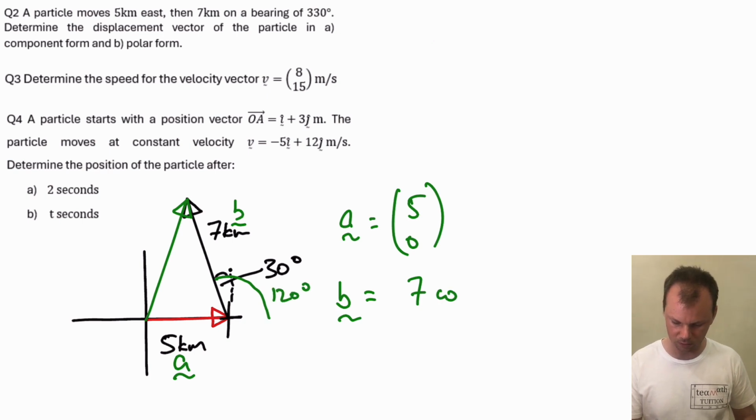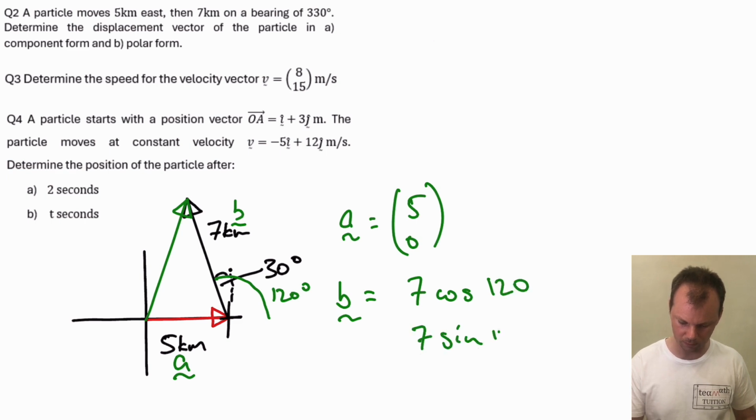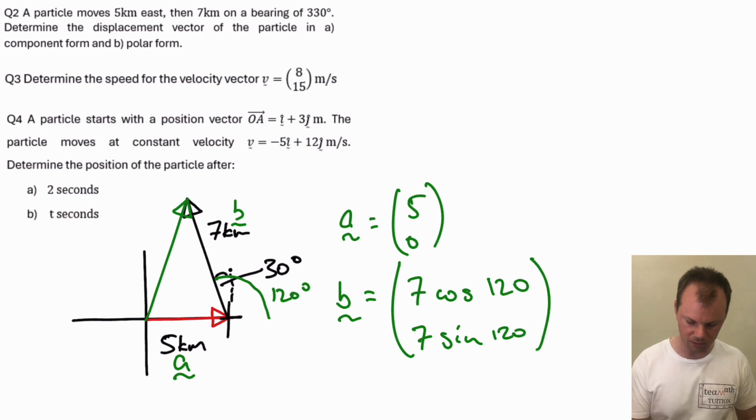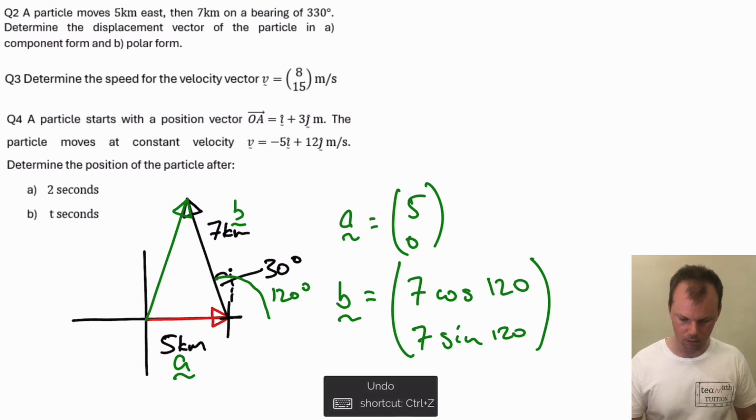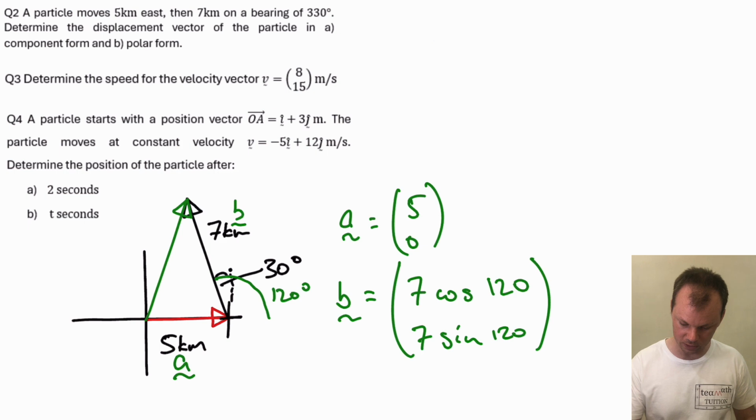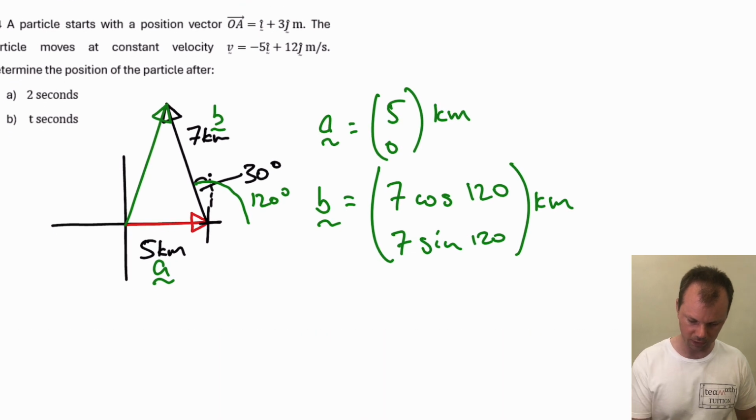So that's 7 cos 120 and 7 sine 120. This green vector is just going to be vector A plus vector B. So all of these units are also in kilometers. Let's not forget that. So if we want, let's call it vector C.